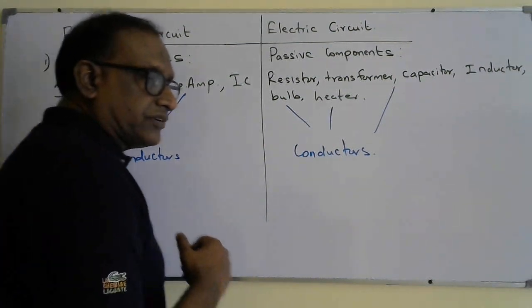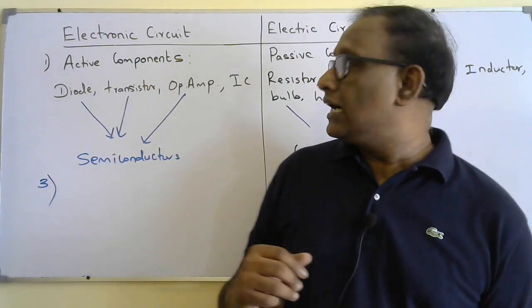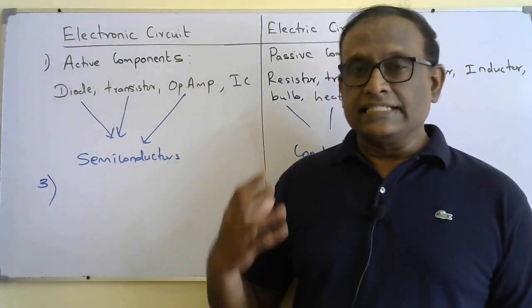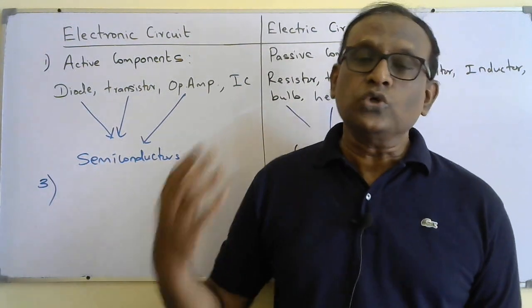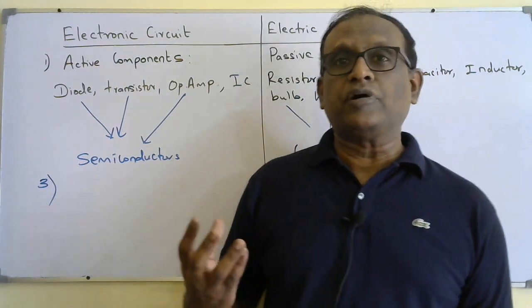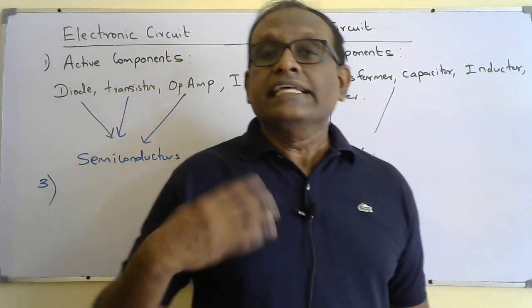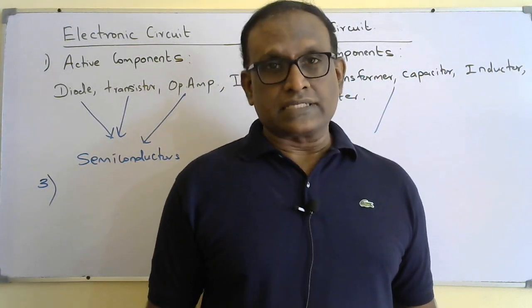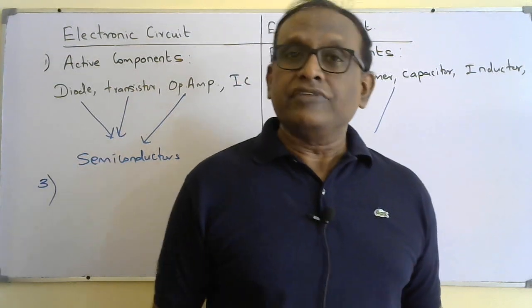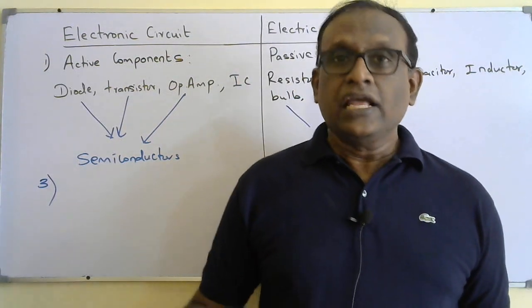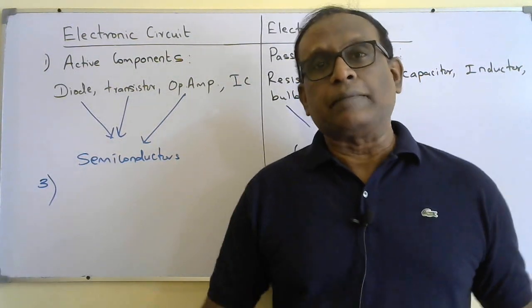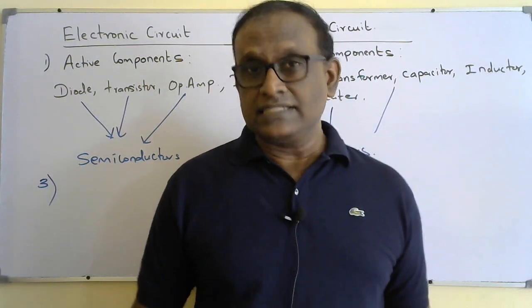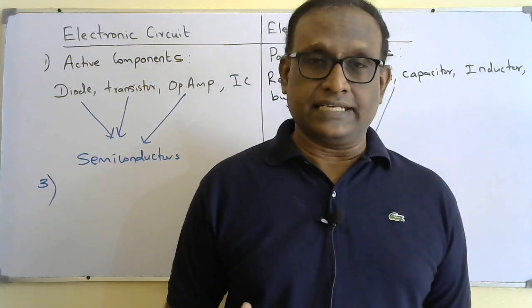Okay, the third difference we can say like this. Right, so the third difference: electronic circuits are used for special types of functions like digital processing, signal processing, switching, amplification, modulation, demodulation. So these types of specific functions are done by electronic circuits.